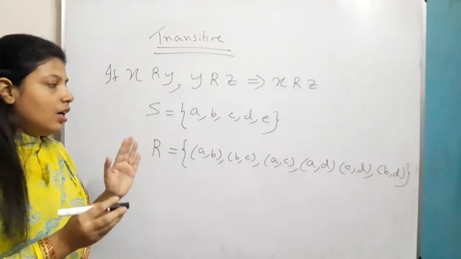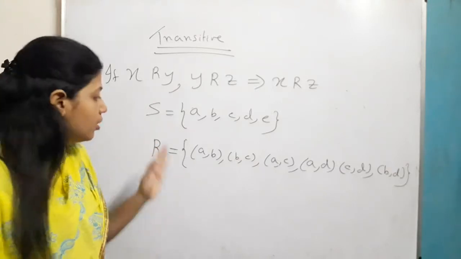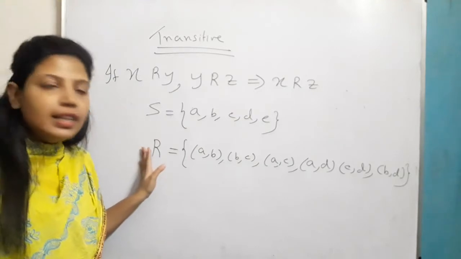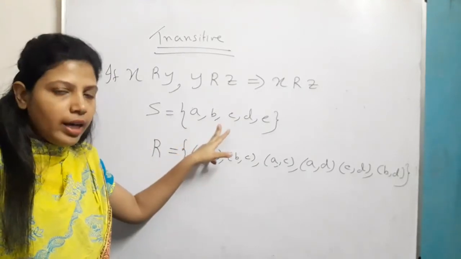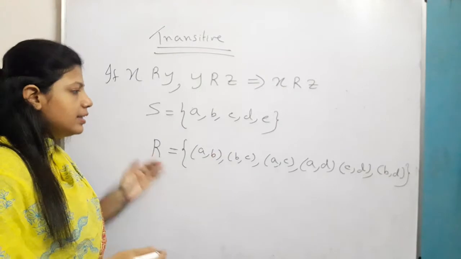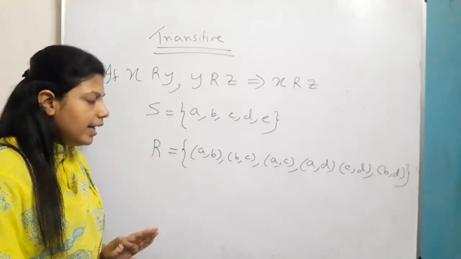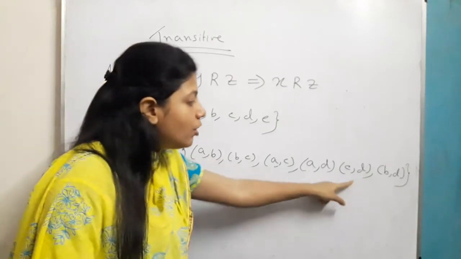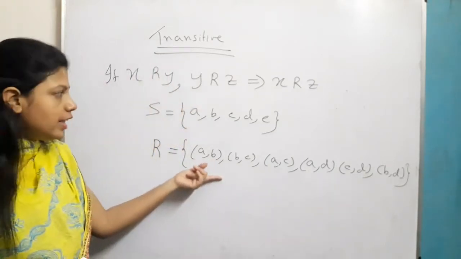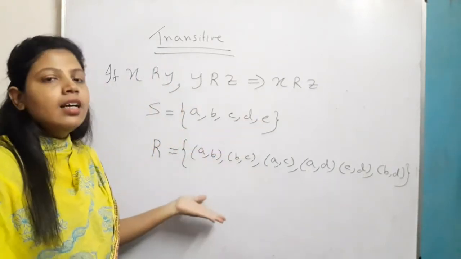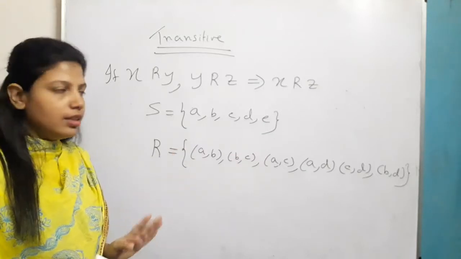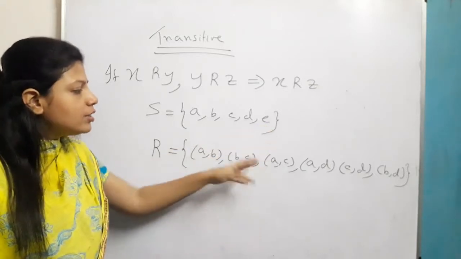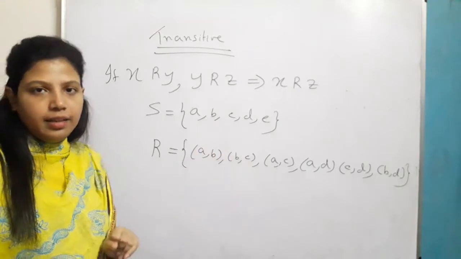Transitivity means not like that, all the elements of the relation, not for all the elements of the set. If any relation R is given there, you have to check transitivity for all the elements of the relation. You will not check that yes, E is not there. No, not kind of that. I will not check for E because no element is there regarding E.